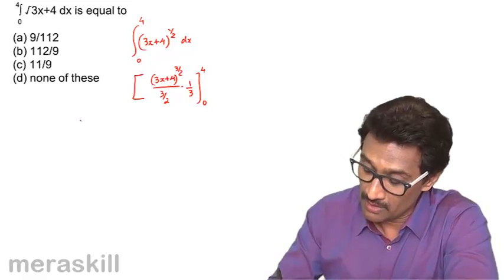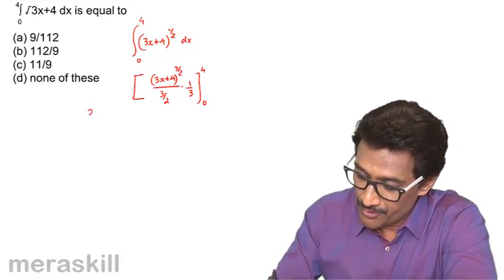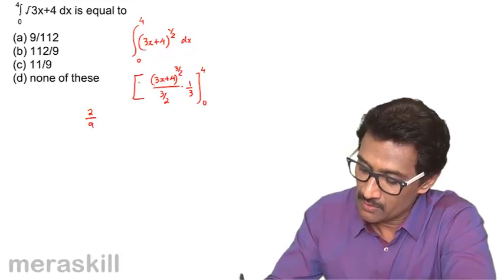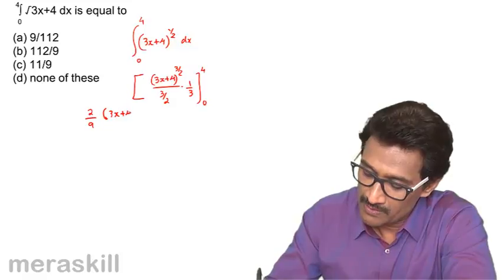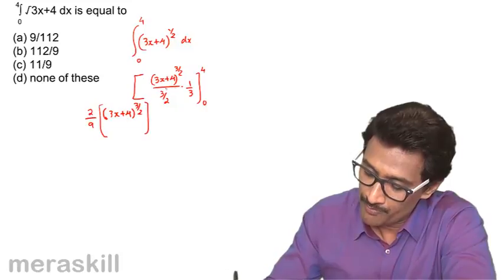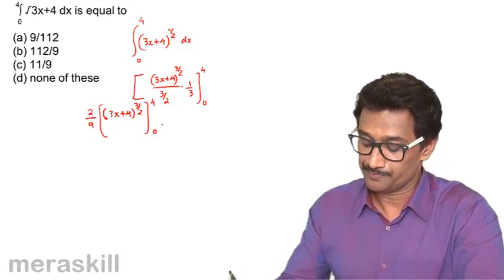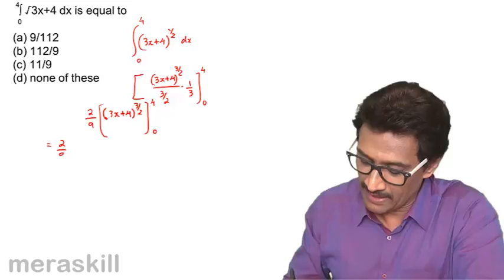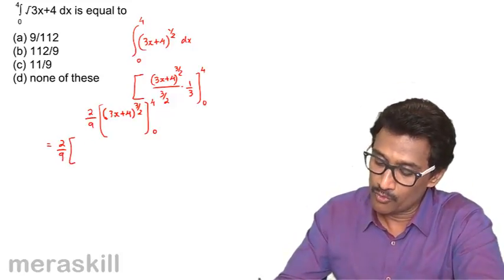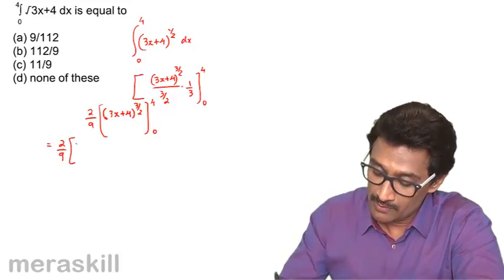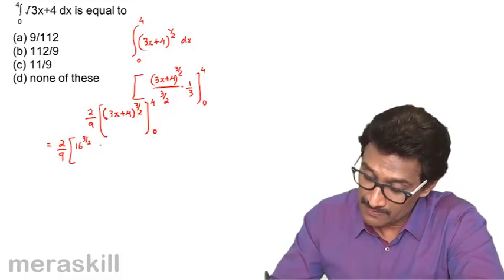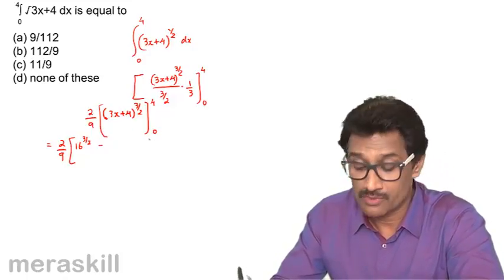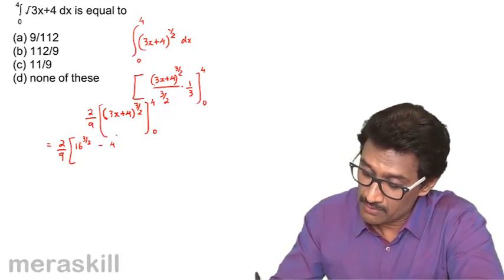So it's going to be nothing but 2 upon 9, because this will go to the numerator, 3 into 3 in the denominator, into 3x plus 4 raised to 3 by 2 from 0 to 4. So which is going to be 2 by 9 into 4, 3 4s are 12 plus 4, 16 raised to 3 by 2, minus 3 into 0, 0, 4 raised to 3 by 2.